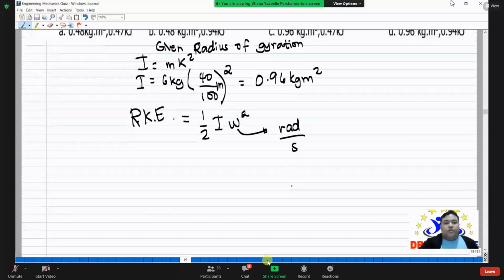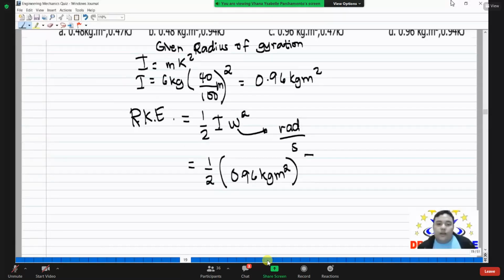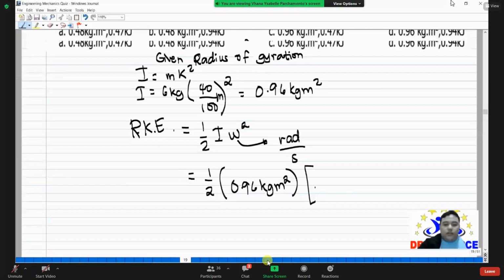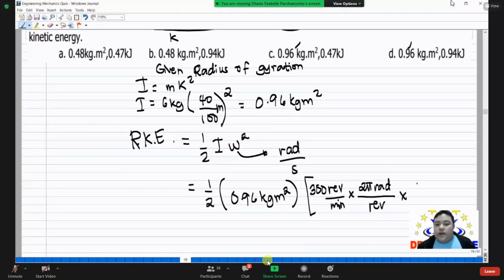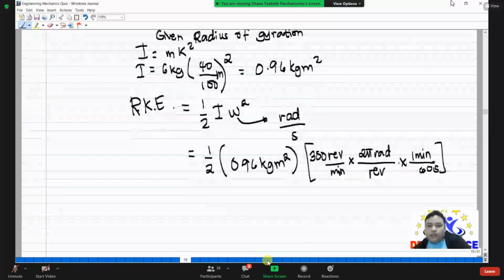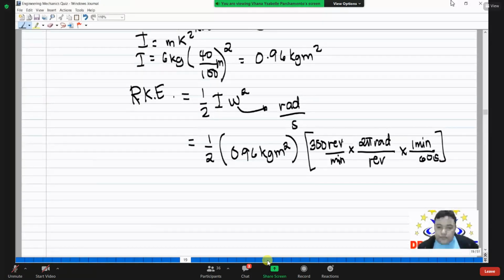So 1/2 times 0.96 kilogram meter squared multiplied by yung ating rotation, which is 300 revolutions per minute. So times natin ng 2 pi radians all over 1 revolution multiplied by 1 minute over 60 seconds. So mangyayari dito is magiging radians per second na lang ito.